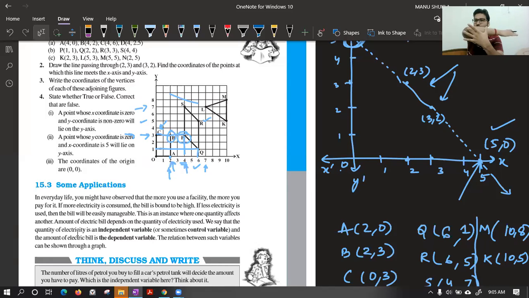This is the positive portion, this is the negative portion. This is the positive portion of y, negative portion of y. That's why.